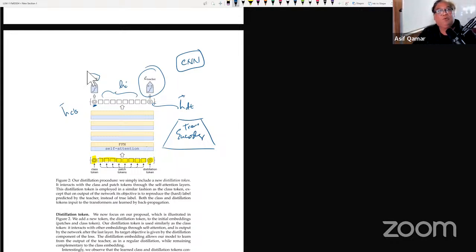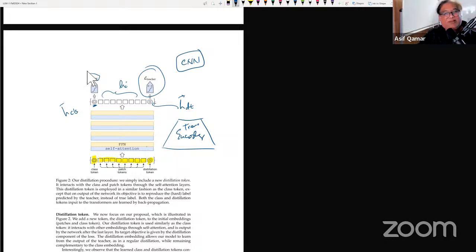But a CNN knows. CNN has a bias towards locality of features. There are inductive biases there that features are hierarchical in nature, that they have a translational equivariance, many other such things, right?